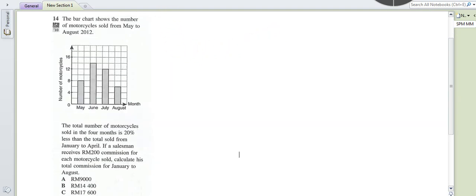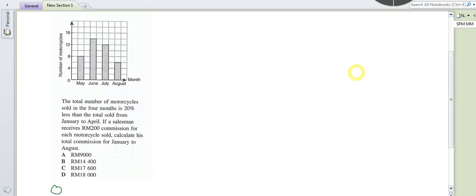Okay, so I'll try one more question here. The bar chart shows the number of motorcycle sales from May to August 2012. The total number of motorcycle sales in the 4 months is 20% less than the total sales from January to April. Okay, now we have January to April and May to August.